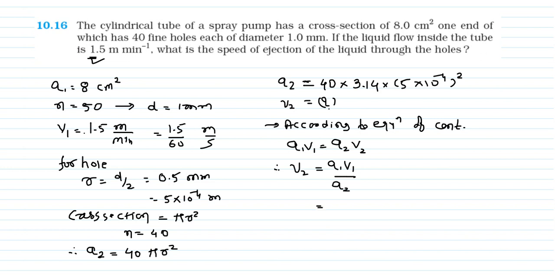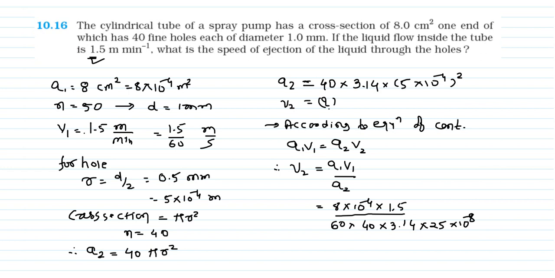What is A1? 8 centimeters square, you can say 8 into 10 raised to minus 4 meter square. V1 is 1.5 by 60, upon A2, 40 into 3.14 into 25 into 10 raised to minus 8.